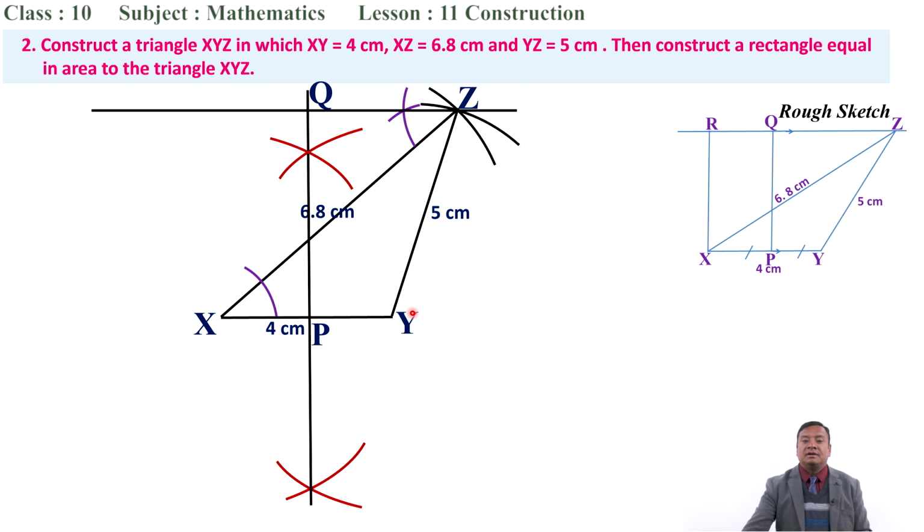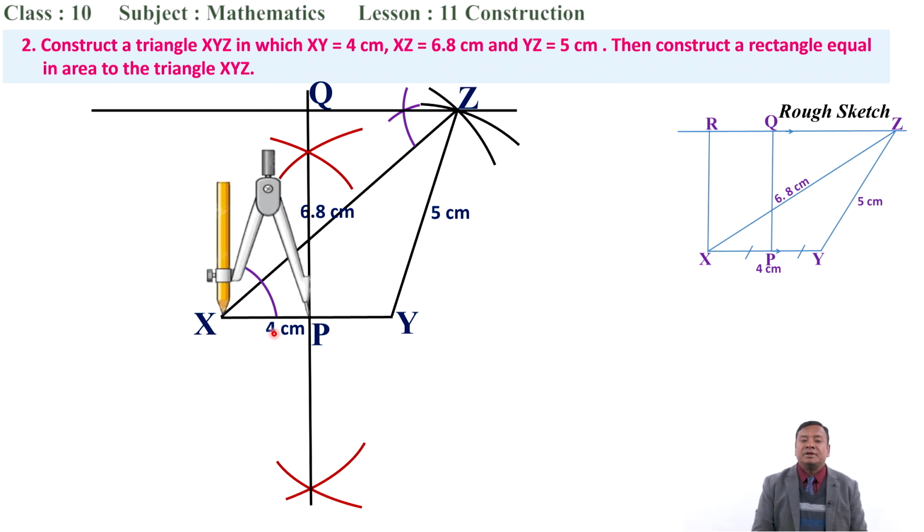And after this, we have to make here a rectangle, right? Here it is 90 degree already we have. In the rectangle also we know that opposite sides are what? Equal. So you just measure PX like this way.